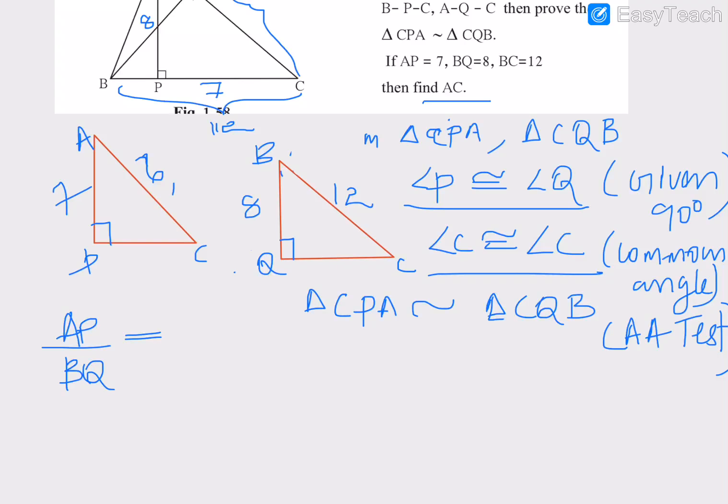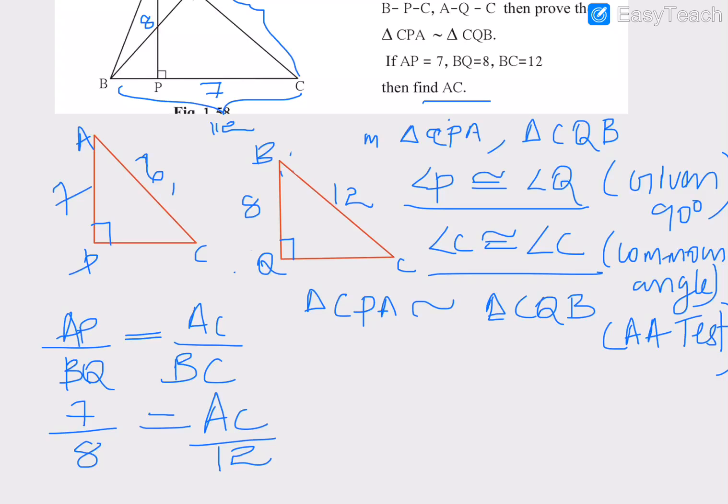AP by BQ is equal to AC by BC, the side corresponding to AC. AP is 7, BQ is 8, AC we have to find, and BC is 12.